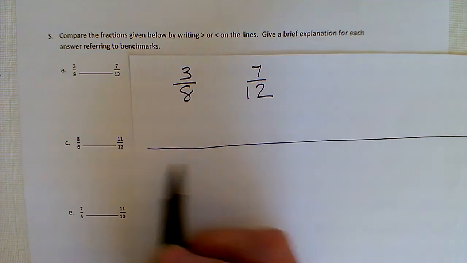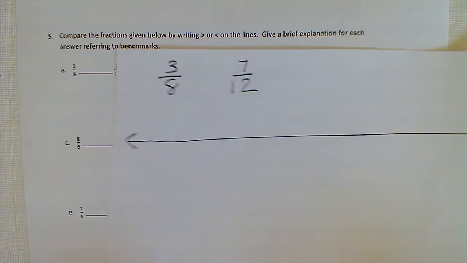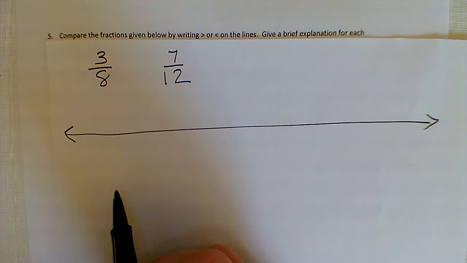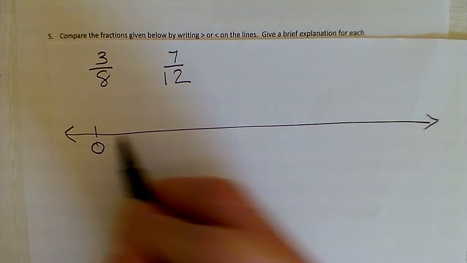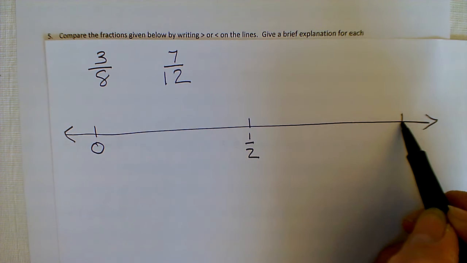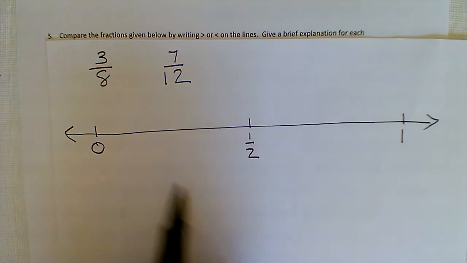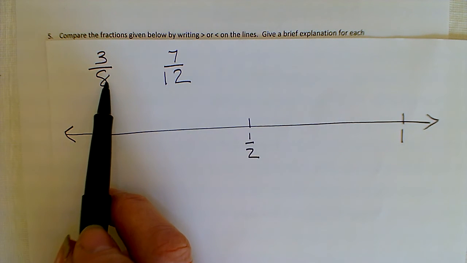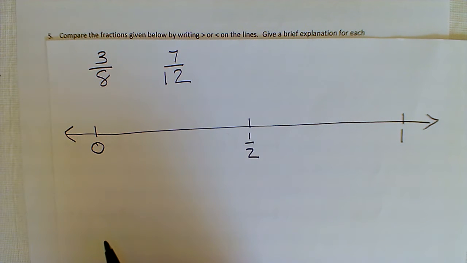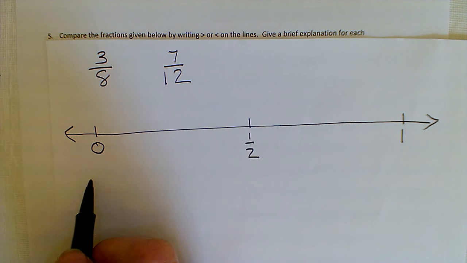Because these are both fractions less than 1, I'm going to use my benchmarks of 0, 1/2, and 1 whole. If I'm working with 3/8, what I want to do is look at those 8ths. Let me rewrite my benchmarks as 8ths to really help us understand it.